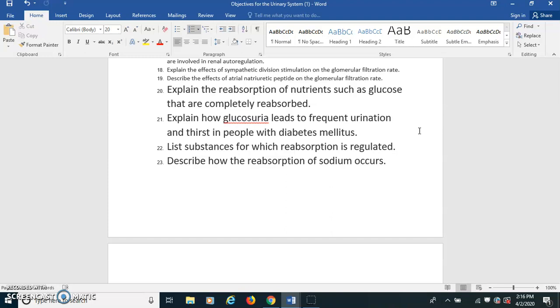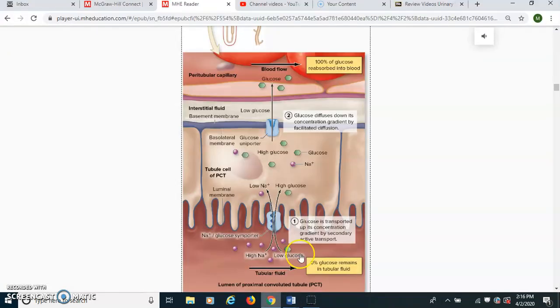Because our glucose, in this case, has to use a protein to leave the tubular fluid and get into the tubular cell so it can make its way back to the blood, there are only so many of these transport proteins associated with these tubular cells.